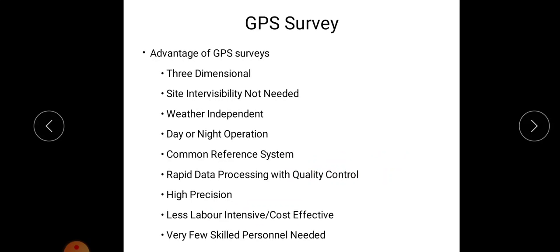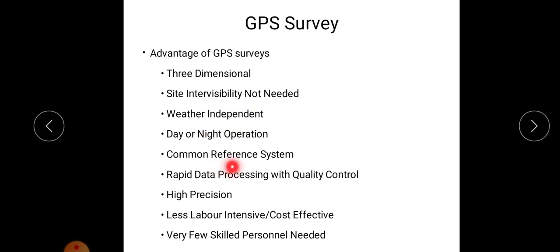It's a very simple technique, and there are a lot of advantages of GPS survey. It is three-dimensional. We can obtain three-dimensional data of any object since we are using 24 satellites. Sight intervisibility is not needed because the object is viewed from a far distance, that is, from the satellite. It is weather independent, and it can be operated during day or night.